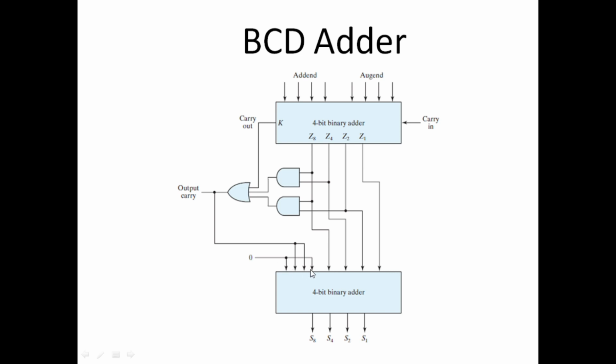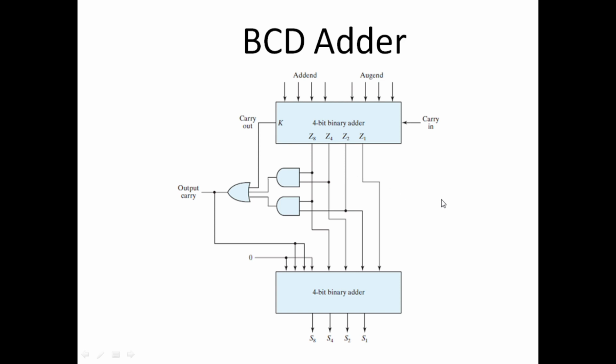So a decimal 6 is added to the output. Otherwise, this logic will always be 0 and a 0 is added, which means the output produced by the first 4-bit binary adder is exactly given here, because adding 0 doesn't affect the output.